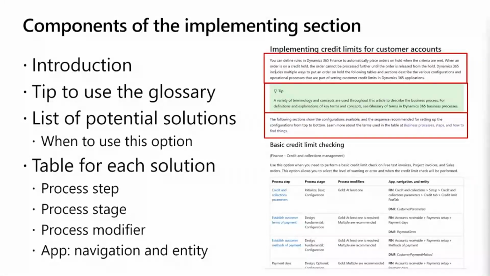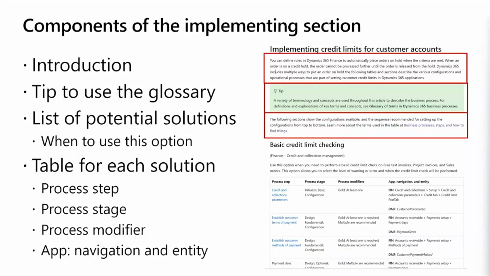And each solution that you offer should have a table. And the table is describing the steps that you would need to go through in order to implement that solution. So the example that we have on our screen is the basic credit limit checking, and that's done in finance in the credit and collections management module. And we've described when to use it, followed by the exact steps.